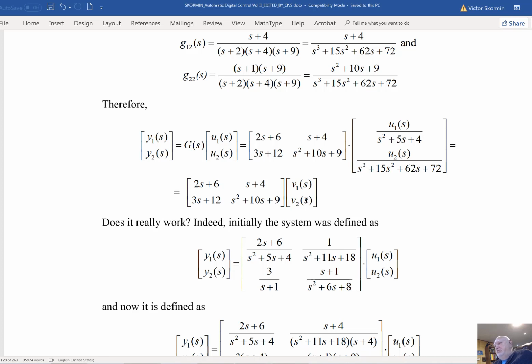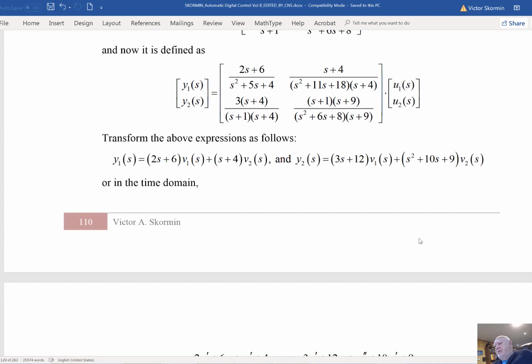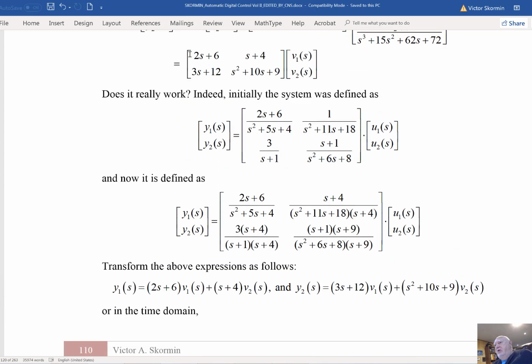And now, since I have v1 established and v2 defined, I should be able to state that y1 of s is equal to this expression. Look, 2s plus 6 times v1 of s plus s plus 4 times v2 of s.